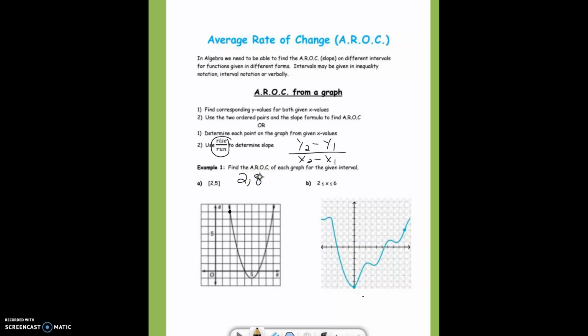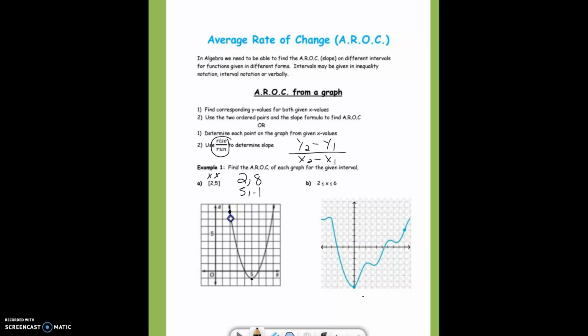And now my x value is going to be 5. So when my x is 5, my y value is -1.